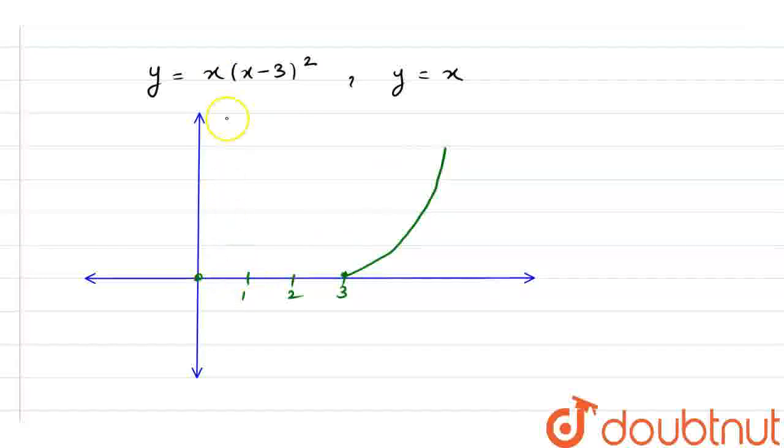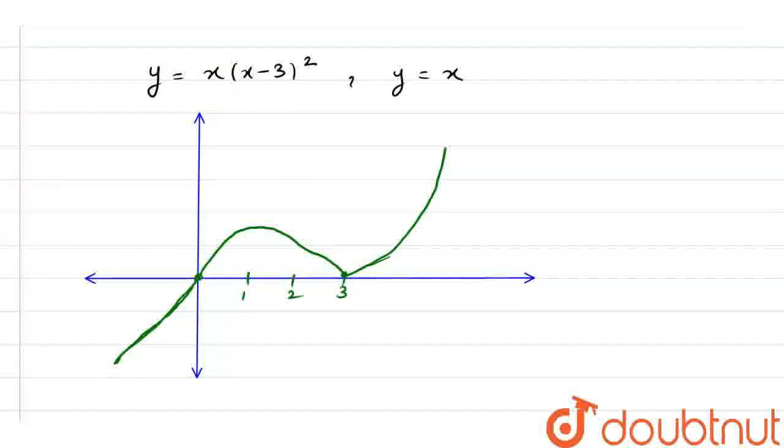In between 0 to 3, the curve goes like this, and for less than 0 we have something like that, right? So this is the curve of y equals x into (x minus 3) whole square.